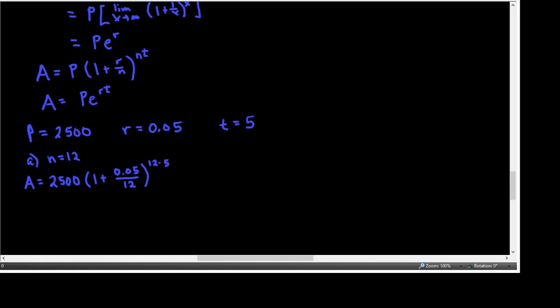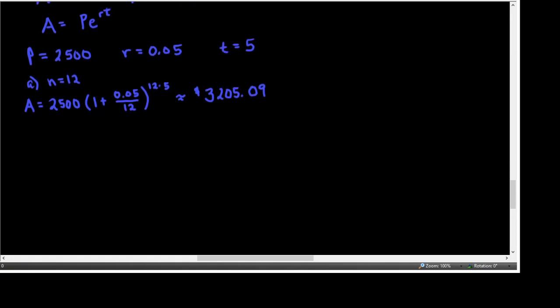Okay? And you simplify that, and you put this in your calculator. This is obviously a calculator active kind of question. $3,205.09. Remember, we're rounding to the hundredth because we're rounding to the nearest cent when we're doing money problems.